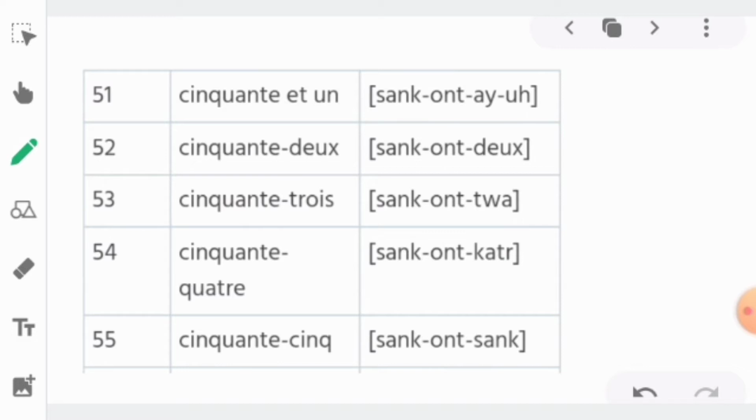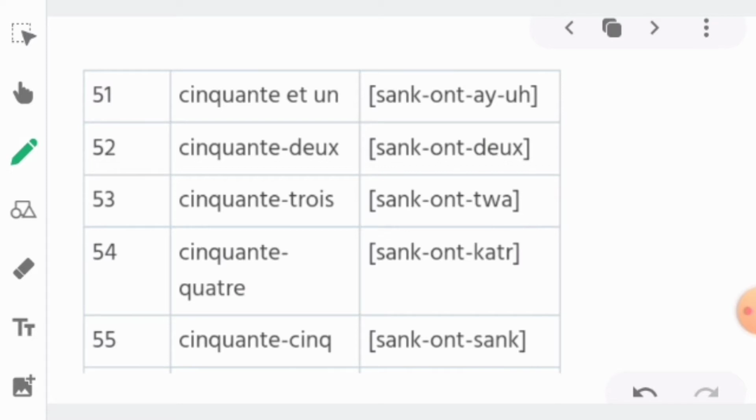Like you can see in 51, cinquante et un, there is an et word in between cinquante and un. तो et वर्ड सिर्फ इन नंबर्स के साथ आएगा 21 के साथ, 31 के साथ, 41 के साथ, 51 के साथ, 61 के साथ एंड 71 के साथ. It will not be present with 81 and it will not be present as well with 91.